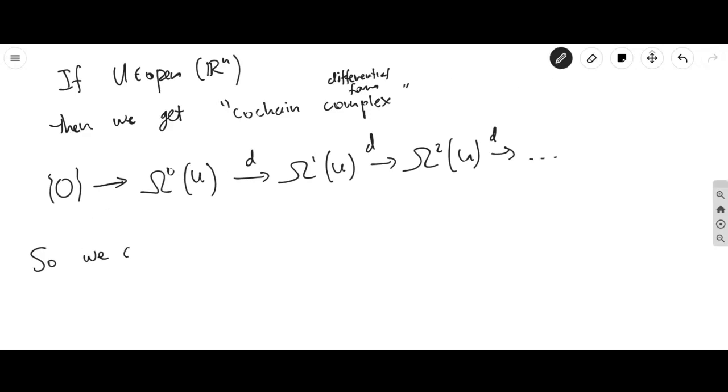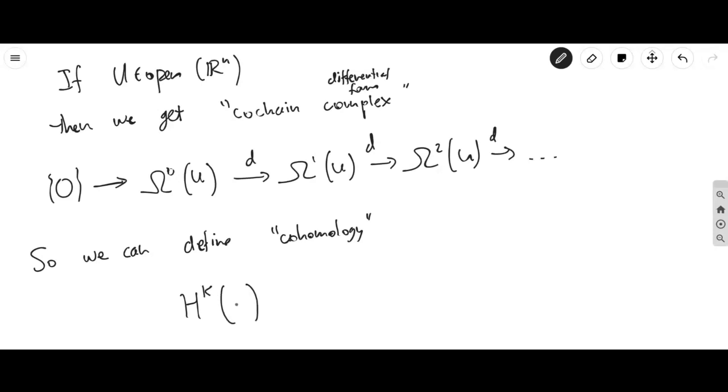So we can define something called cohomology, which is exactly the same thing as homology, except you would use a superscript.